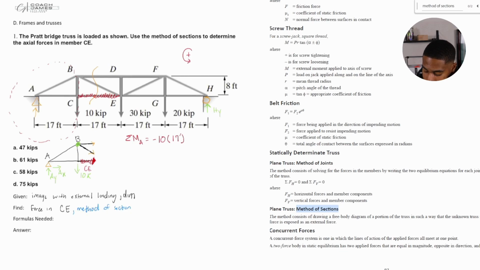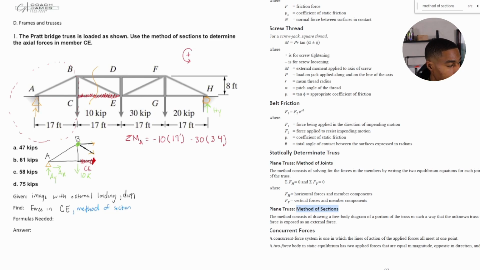Okay, what about the next force? Well, it's 30 kips. So same thing, minus 30 times, what's my distance? Well, if I'm taking a moment at A, I have a distance of not just 17 feet, but 17 plus 17, which would be 34, right? All right.